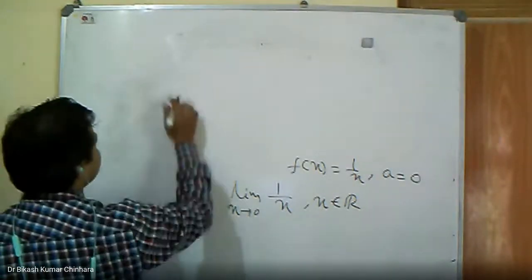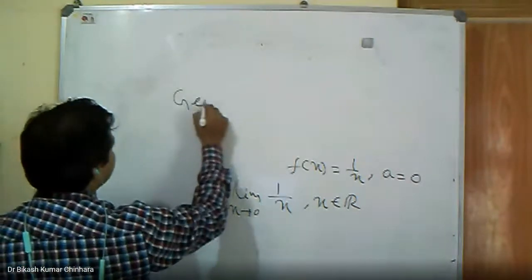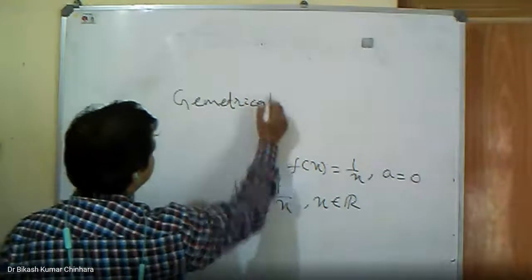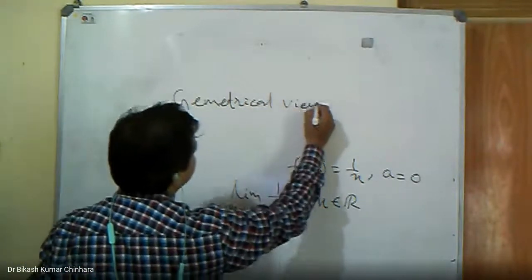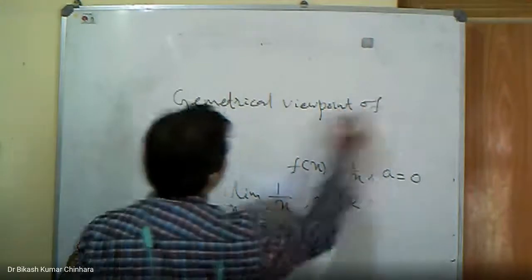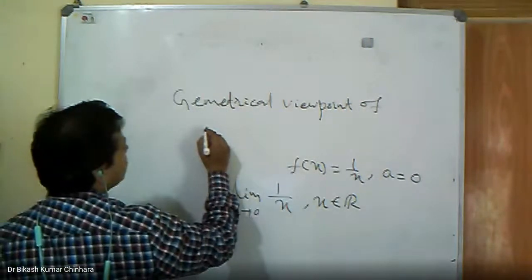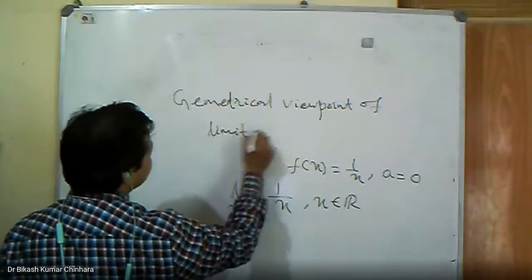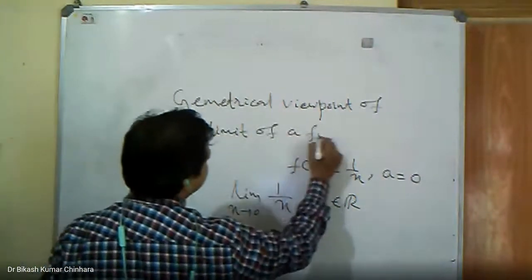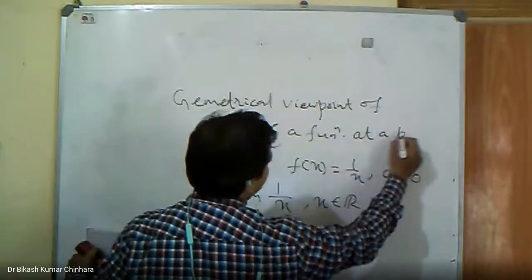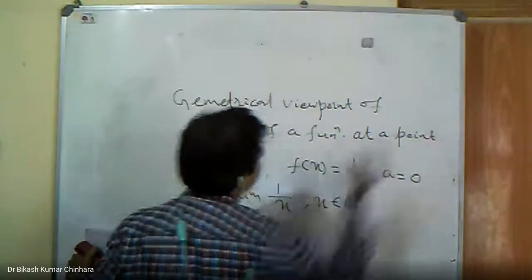You can write it as the geometrical viewpoint of limit of a function at a point. What do you mean by this?